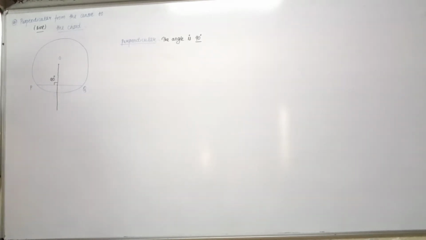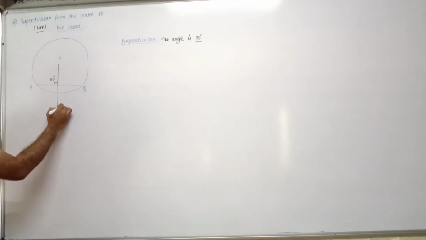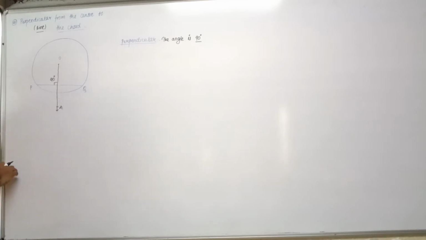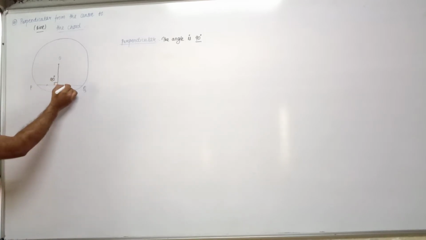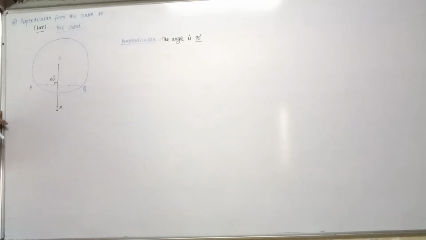Now what happens if a line segment is drawn from or through the center of the circle to the chord of the circle, making angle 90 degree? This line, let me name it as OA, will bisect the chord into two equal parts. How many?